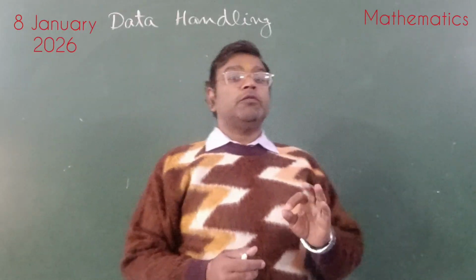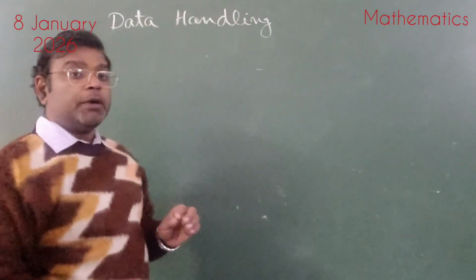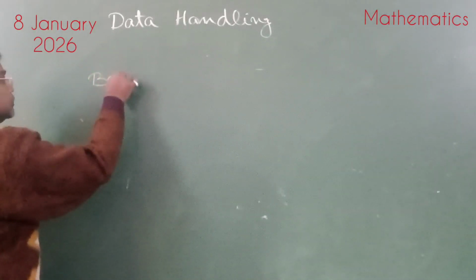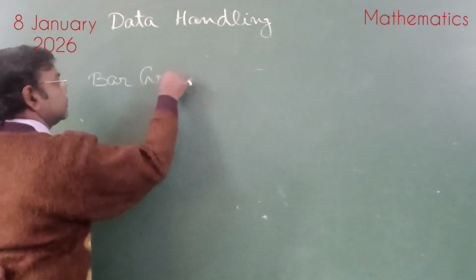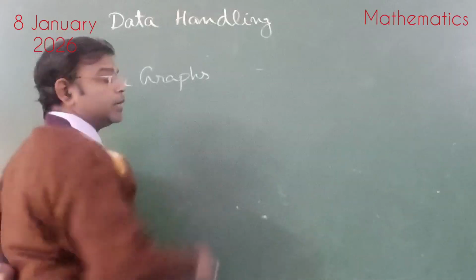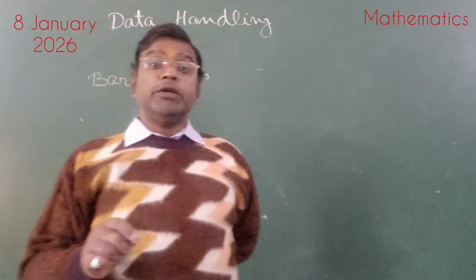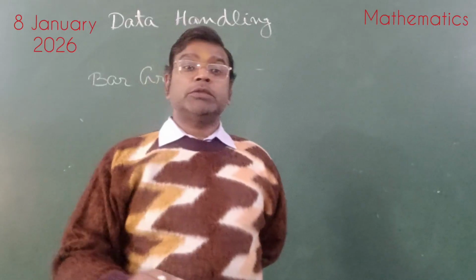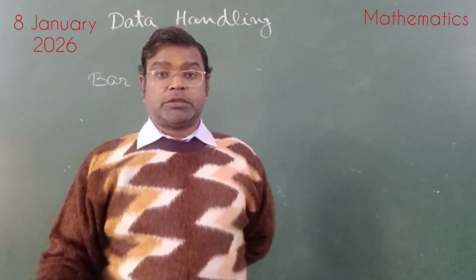Under this chapter we are going to discuss bar graphs. Bar graphs are generally a visual representation of data that we collect or observe from some experiments.